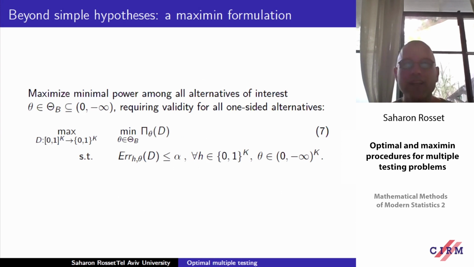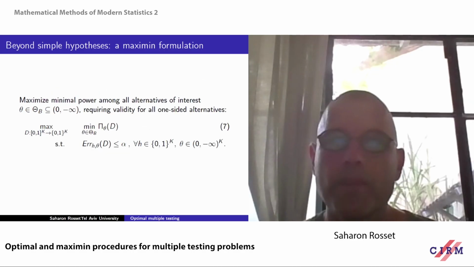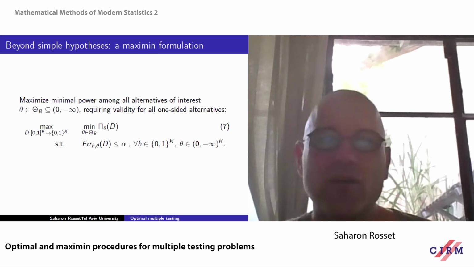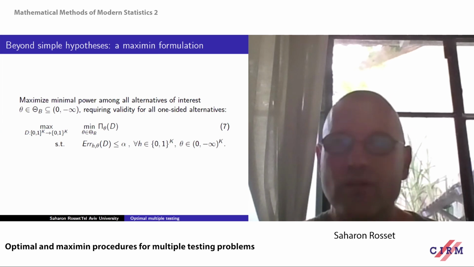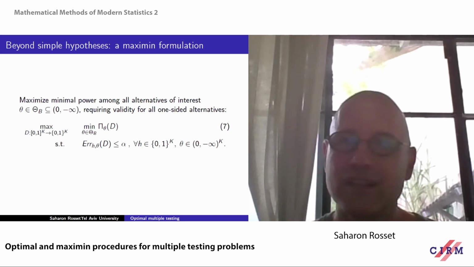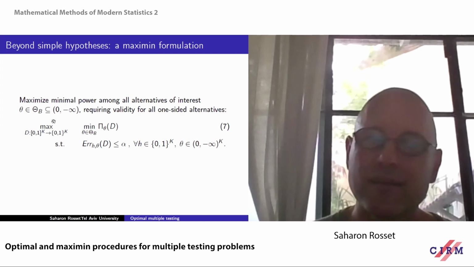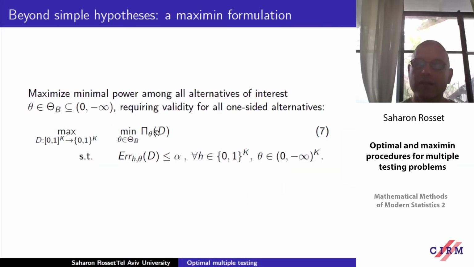And we need it to be a strict subset, bounded away from 0, from the null, because as we get close to the null, we know that the power decreases to the level, and it's uninteresting. So we define a set of interesting alternatives for the power and all possible alternatives for the level.